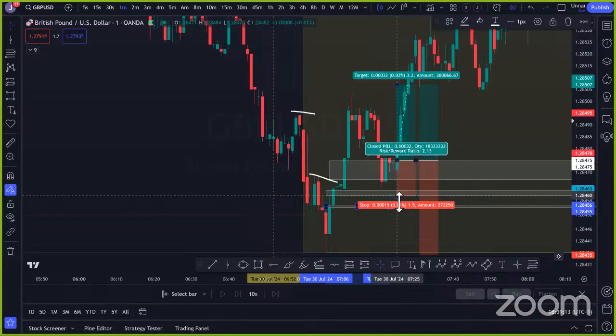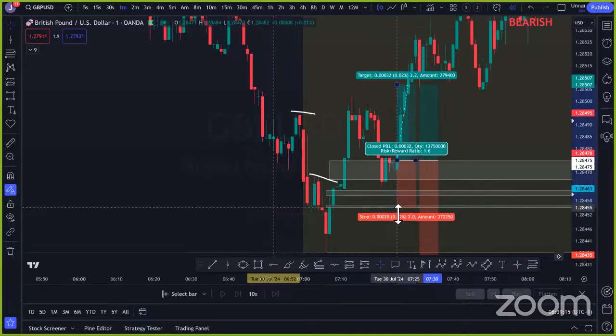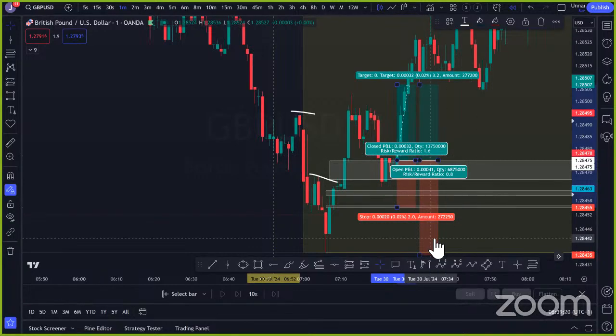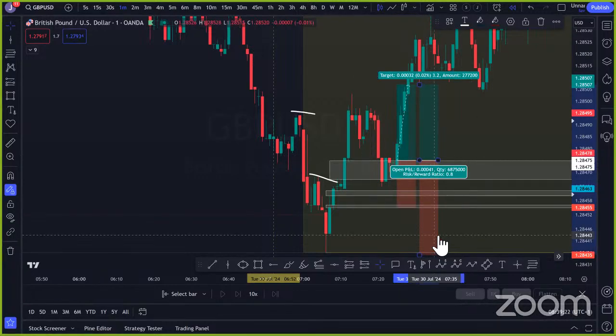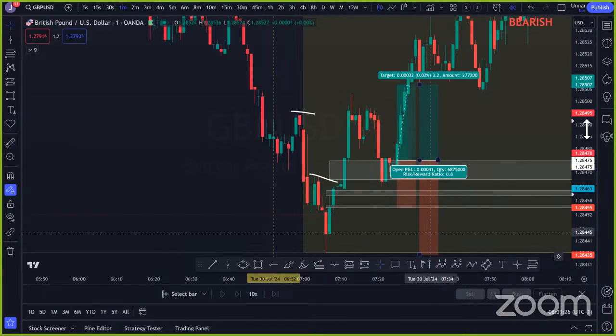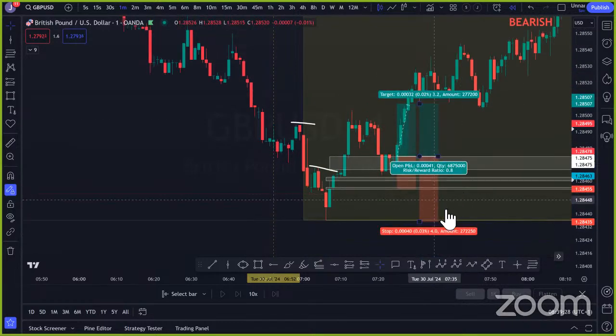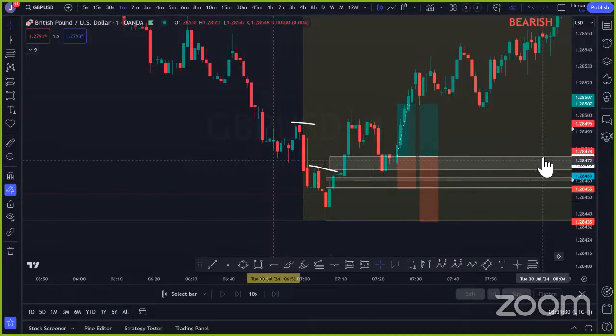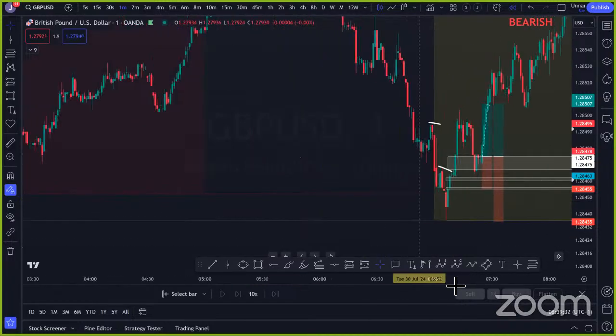Yeah, so maybe a more aggressive entry could have been like this. Either way, that is 1.6 pips, and the other one, if you can tell me, is 4 pips.